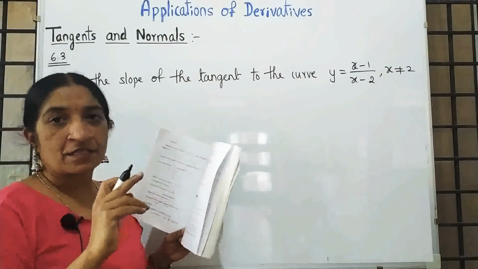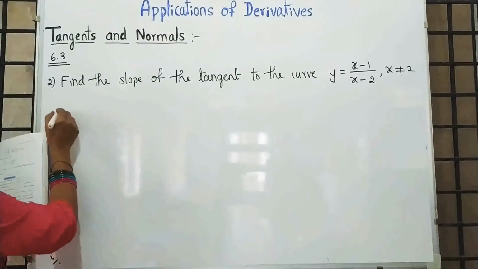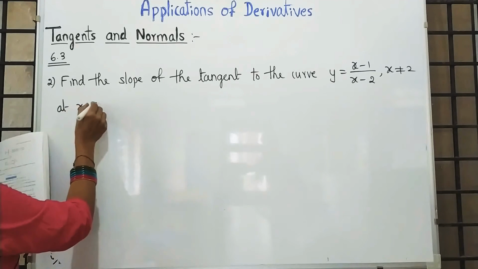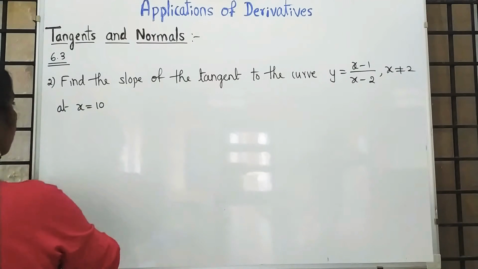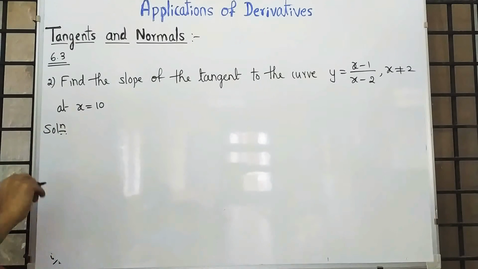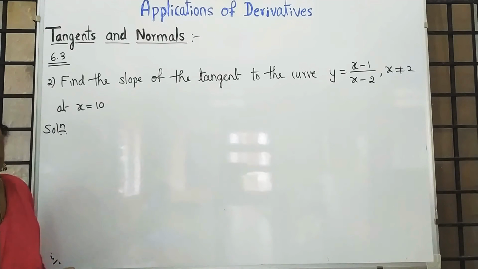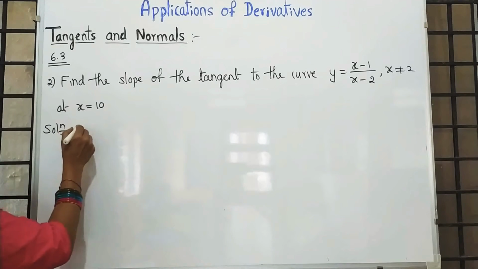Because if you write x is equal to 2, the answer will be any number upon 0, it is infinity. At x is equal to 10. See, now you understood, no? Slope of the tangent means we have to differentiate the curve once, and whatever the given value, substitute that value.